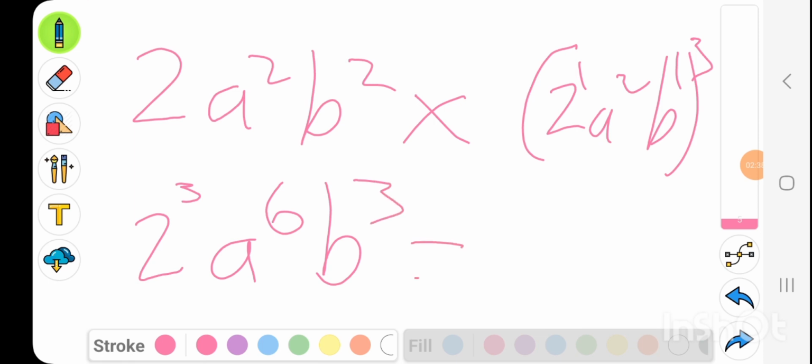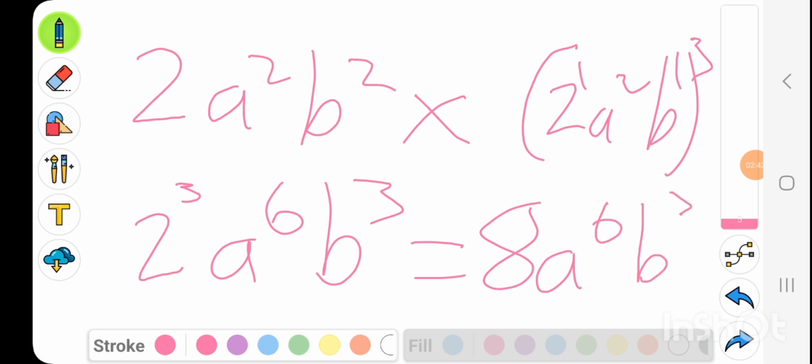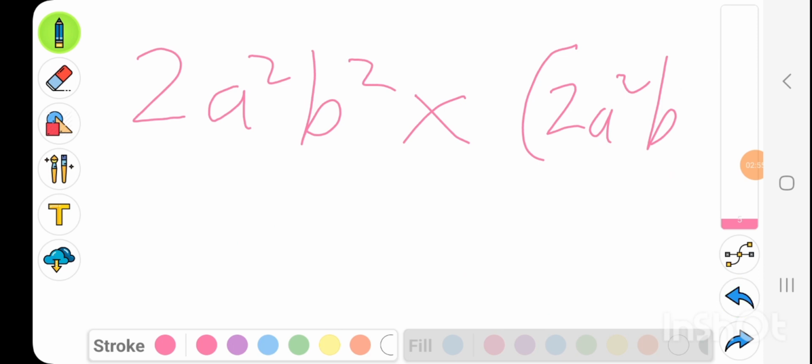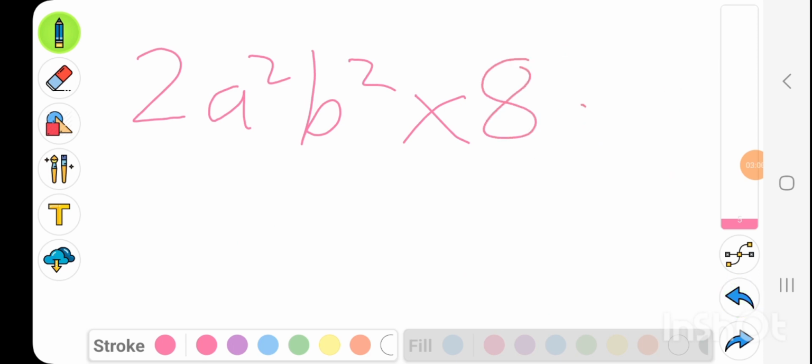And that is literally 8a to the power of 6 b cubed, because 2 cubed is 8, and a and b, you don't know the value of them, so you just have to leave them with the exponent, so it's a to the power of 6 and b to the power of 3. And that's the other one. So this is 8a^6 b^3. So that's for the numerator.